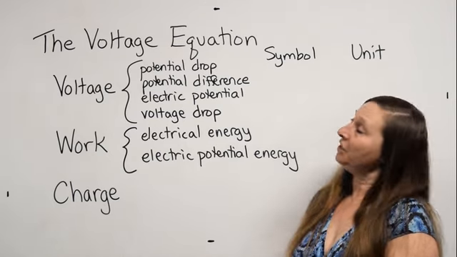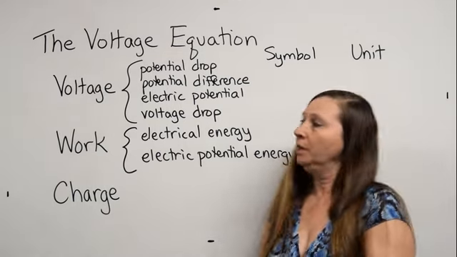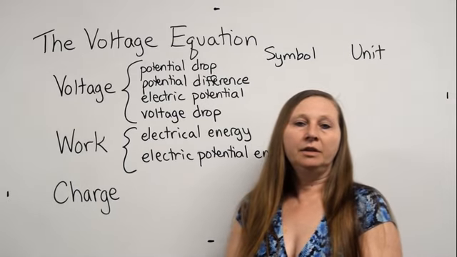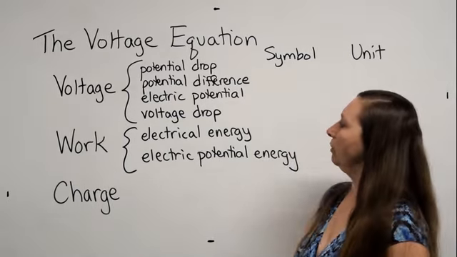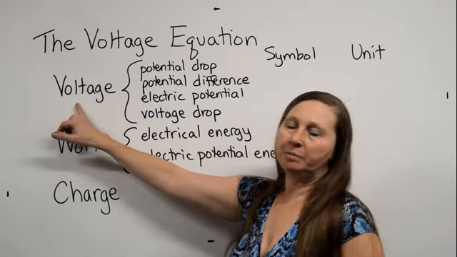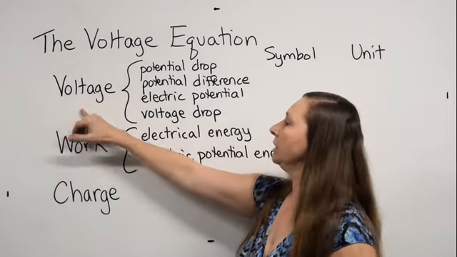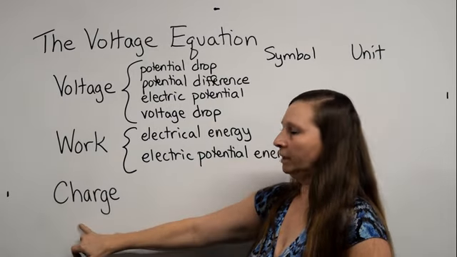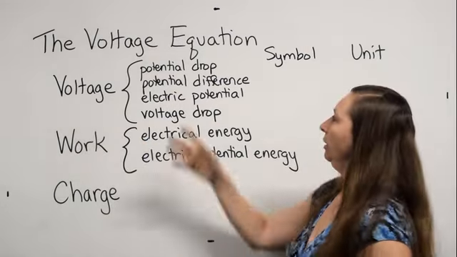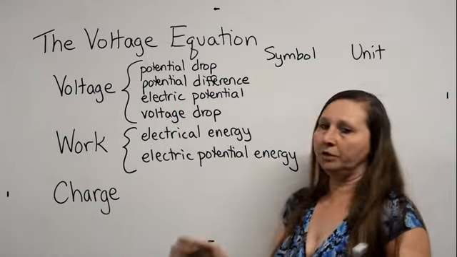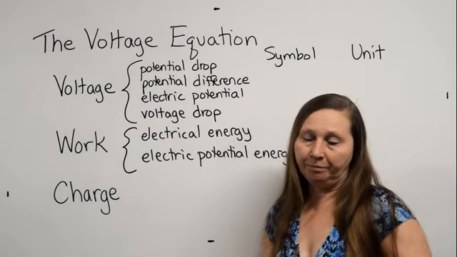So now I think it's time to get into all of the physical parameters that make up the equation for the definition of voltage, right? The voltage equation is made up of the physical parameters voltage, work, and charge. Synonyms for voltage, as we said earlier, are potential drop, potential difference, electric potential, and voltage drop.